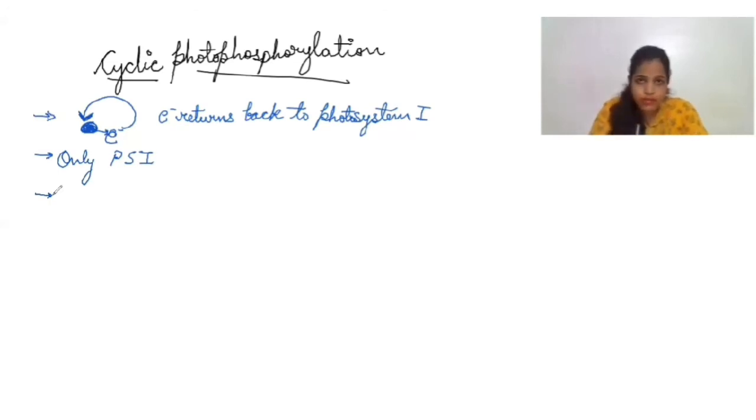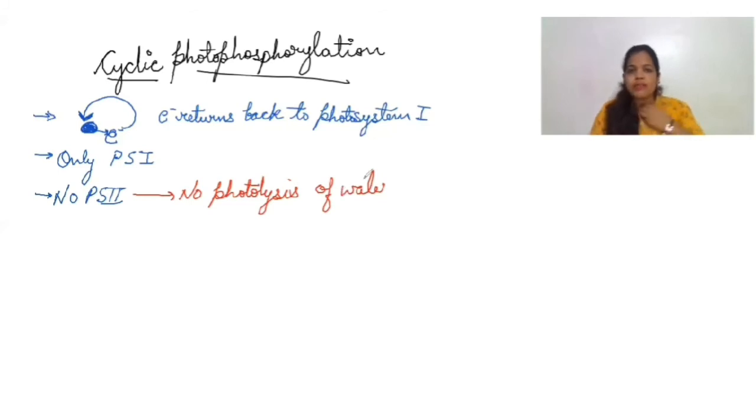Now, this forms important questions asked in exams already, because cyclic photophosphorylation does not have photosystem 2. What are the consequences or results? Here, no photolysis of water is occurring. No photolysis of water.